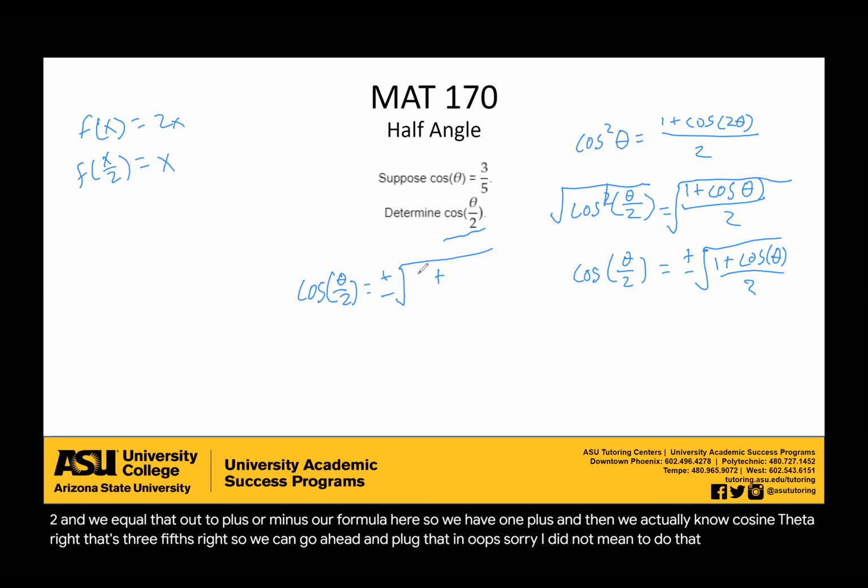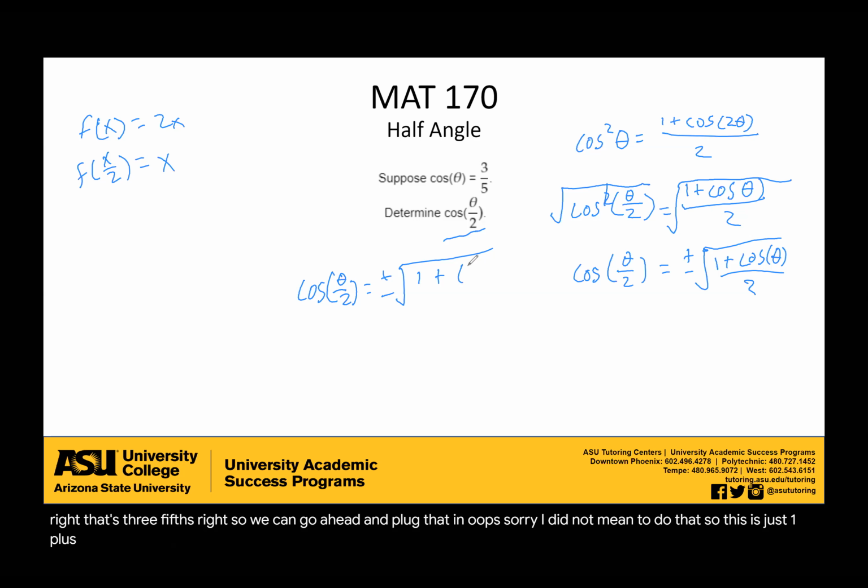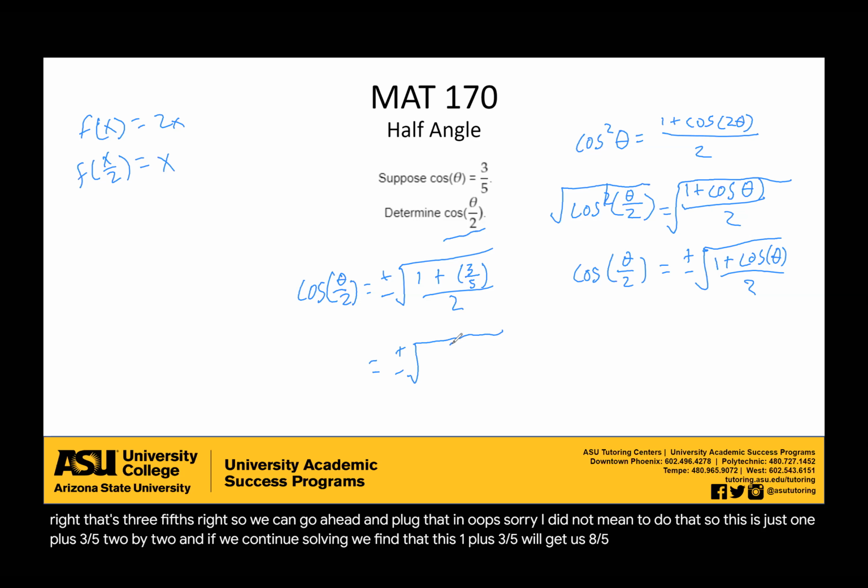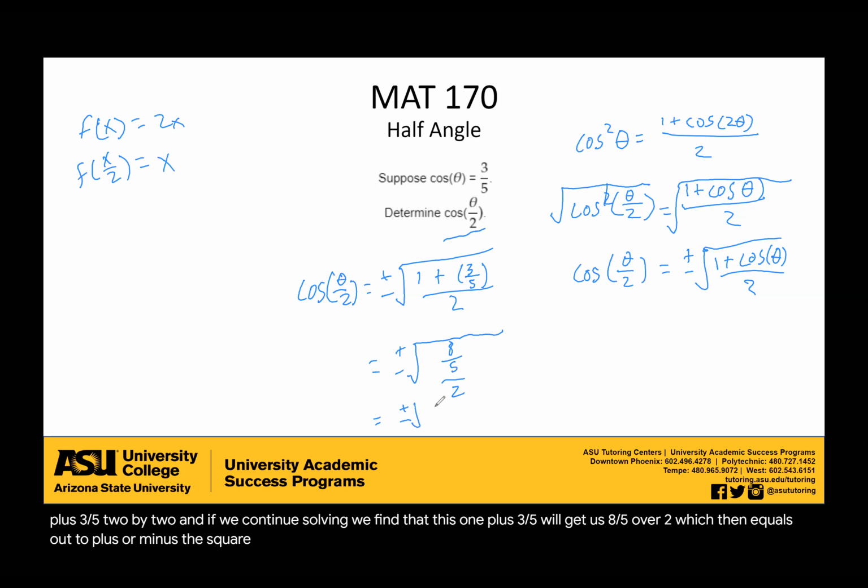So this is just 1 plus 3/5, all divided by 2. If we continue solving, we find that 1 plus 3/5 gets us 8/5 over 2, which then equals plus or minus the square root of 4/5.